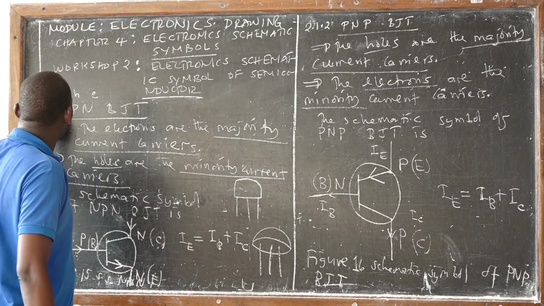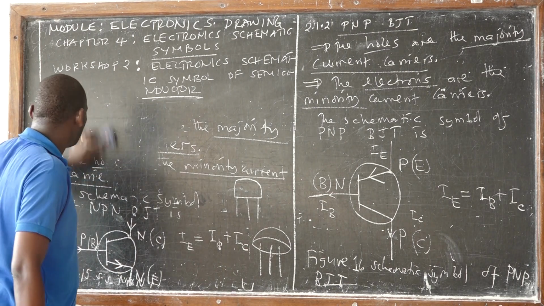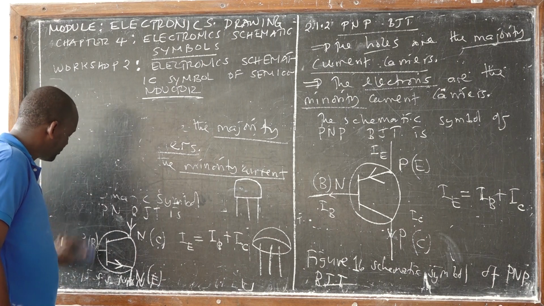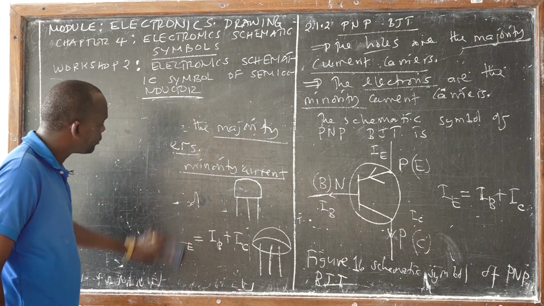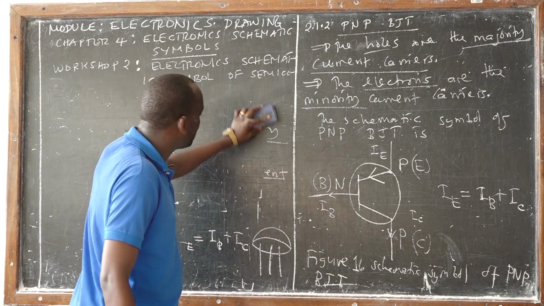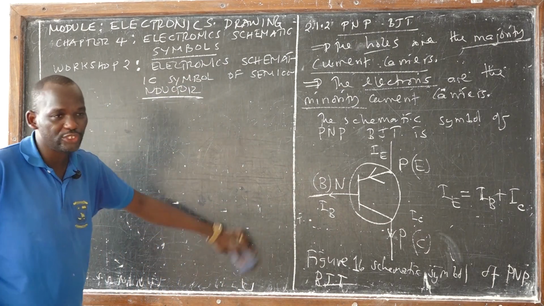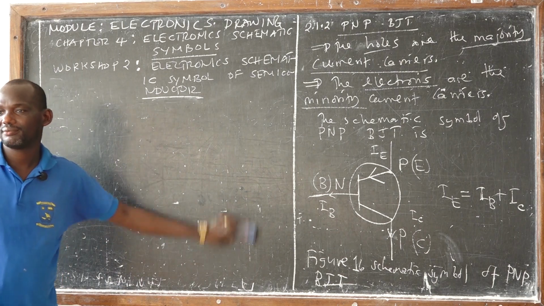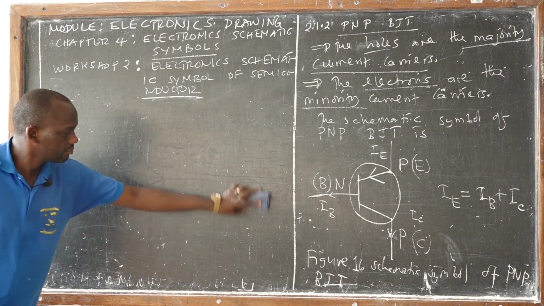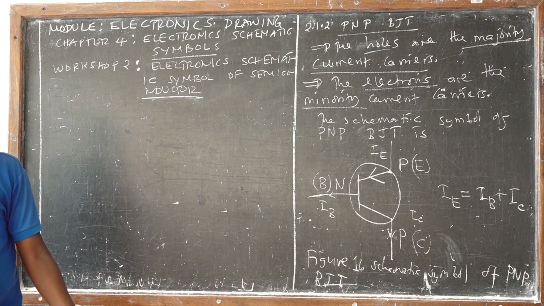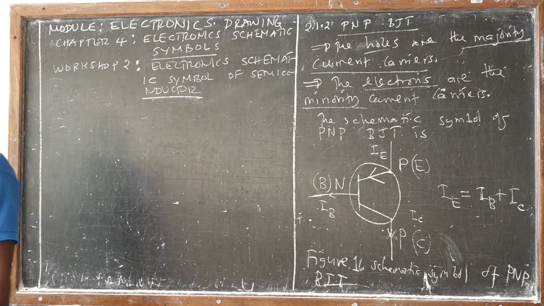If you have any question about bipolar junction transistor in relation to the schematic symbol, please ask me. I just cleaned the physical appearance because I know you can draw it yourself. Do you have any question about the schematic symbol of bipolar junction transistor?